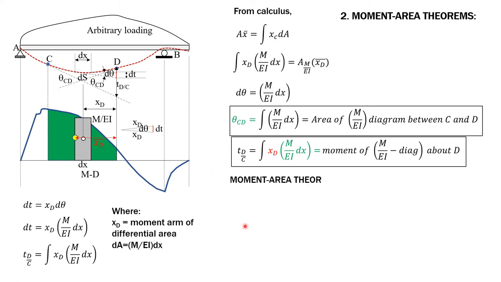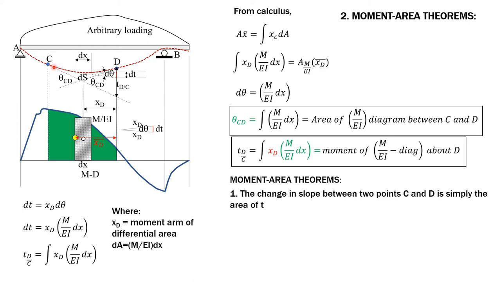So therefore, we formalize the two area moment theorems. The first one is that the change in slope between any two points on the elastic curve is simply the area of the M over EI diagram between those two points. The positive sign convention is that when the tangent from the left to the right point rotates counterclockwise, it is positive.